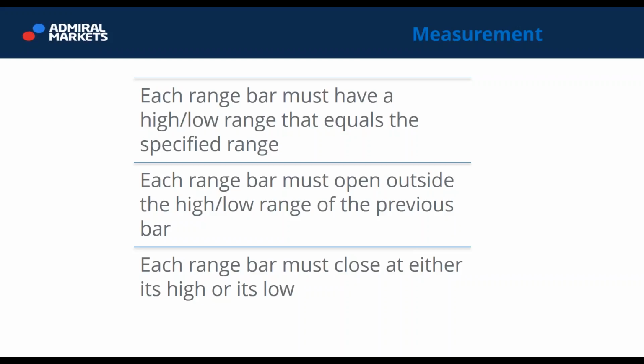Range bars are very unique in their current form, because they will provide you with some concepts that are unknown to most people, especially because range bars can be used for scalping very efficiently.